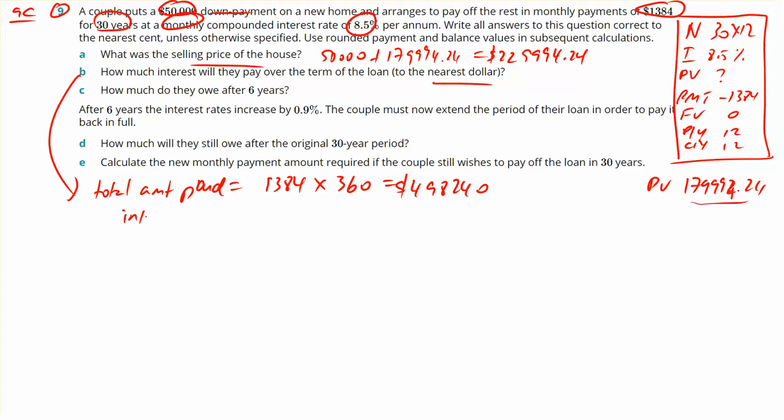So the interest is total paid subtract principal. So total paid is 498240 minus the principal. Now the principal of the loan wasn't the purchase price of the house. It's actually just 179994.24.